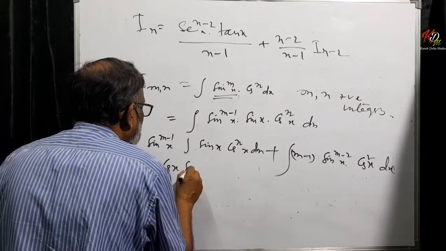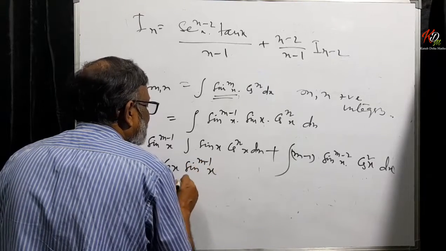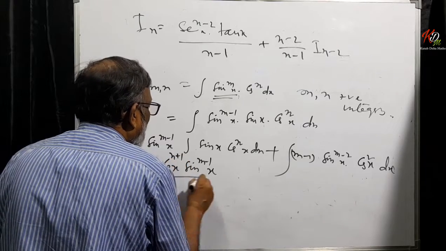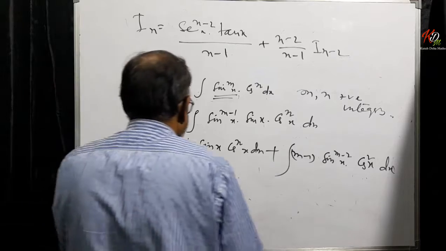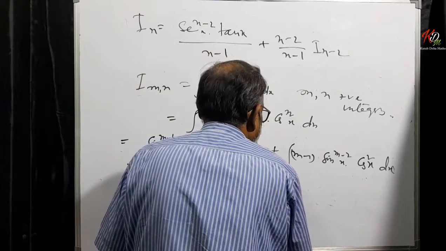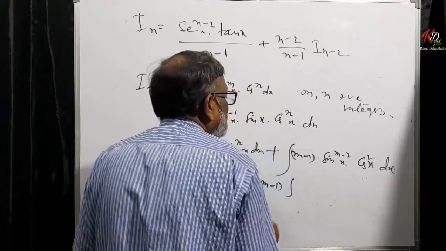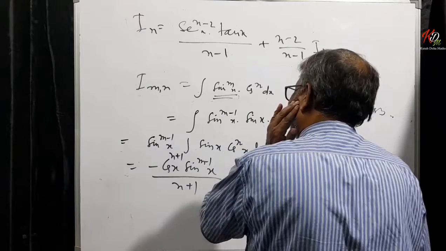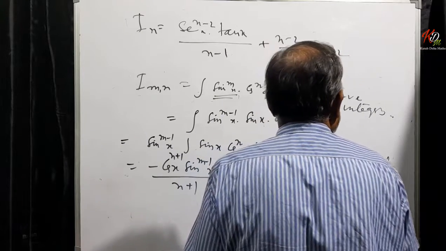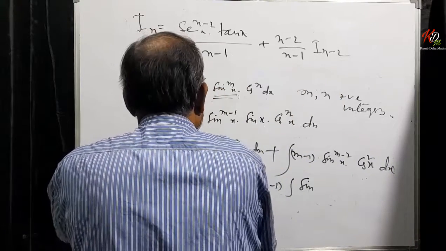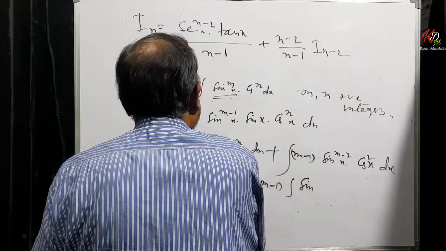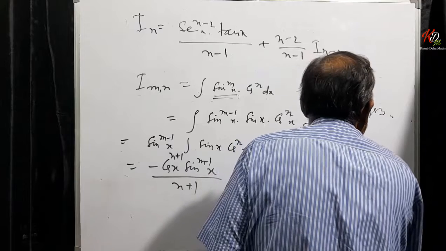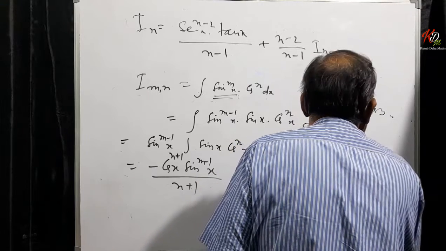Minus cos x, m minus 1, cos to the power n plus 1 x by n plus 1, plus m minus 1, sin to the power m minus 1 x into cos to the power n plus 1 x by n plus 1.